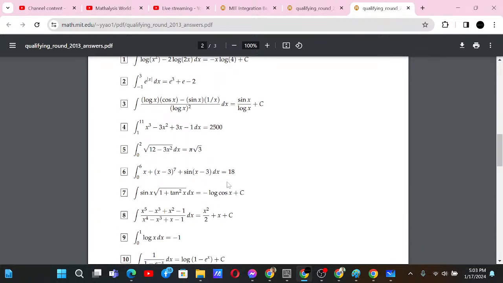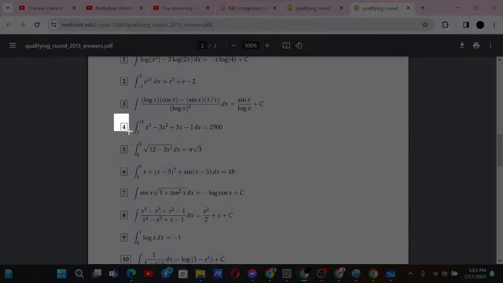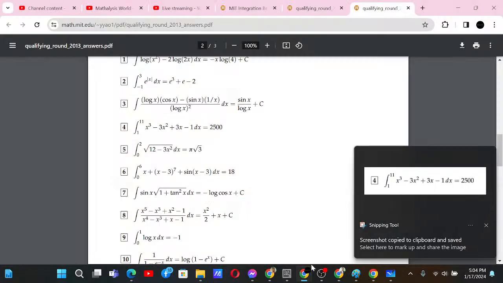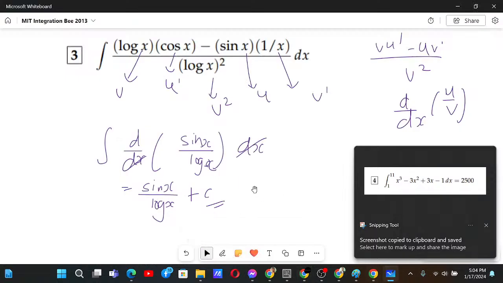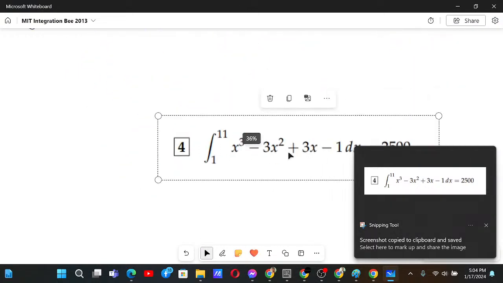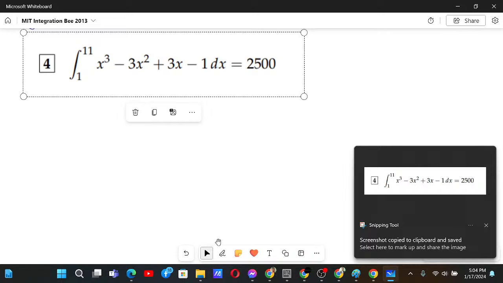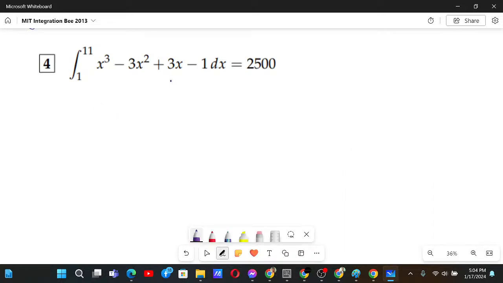Yeah. Let's go to the next problem. For this problem, you can notice that this is 3C0, this is 3C1, this is 3C2, this is 3C3. So it's actually a binomial expansion, and that is of x minus 1 whole cube dx.